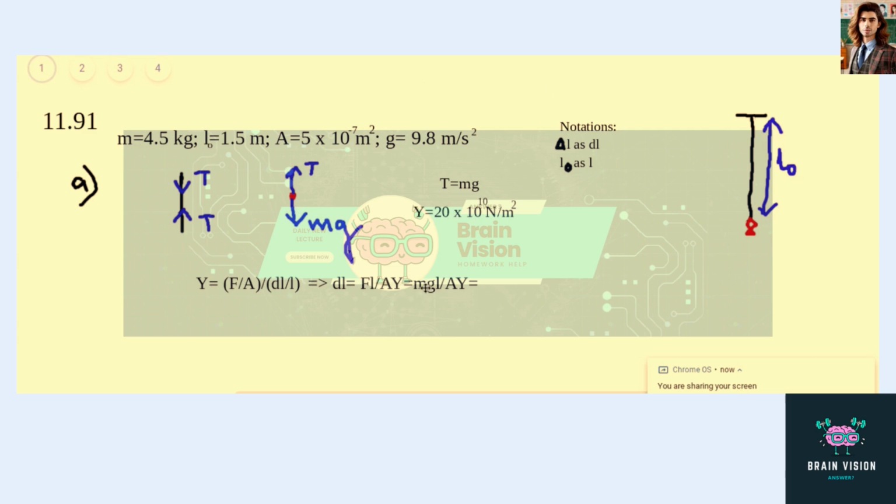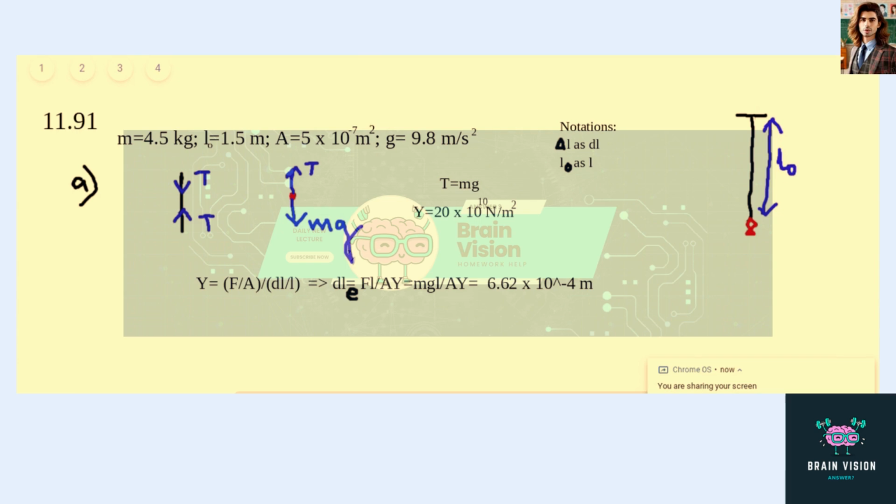Plugging all those values into this equation, we get our stretch in the wire to be 6.62 times 10 to the power minus 4 meters. I'll call this dl_e, because this is the stretching in the wire when the wire is at equilibrium.